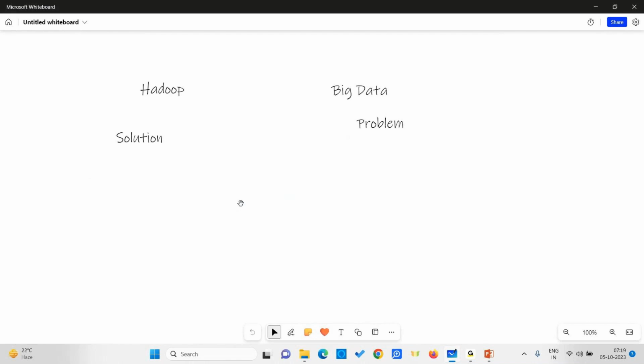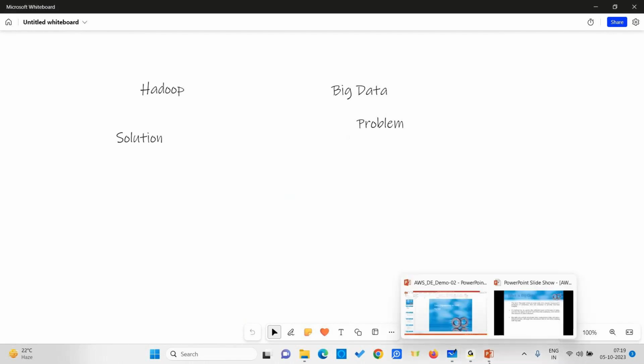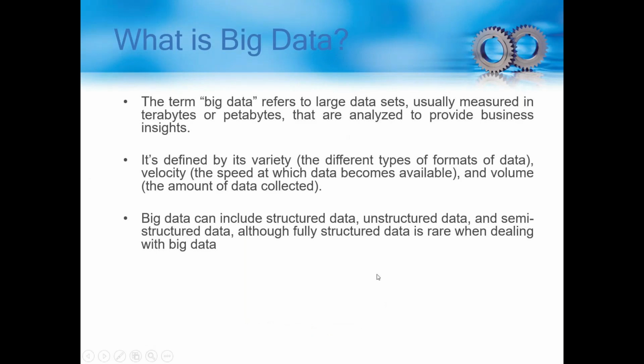So what is the problem? Every day data is growing, because everybody is feeding data in the form of text, images, audio, video, and documents. There are various formats and various types of data incoming from different devices and different media platforms.